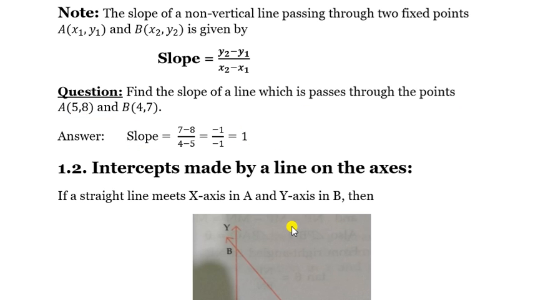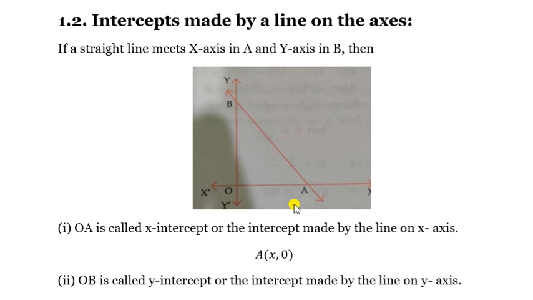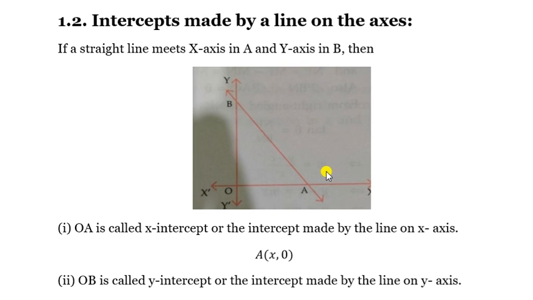Now next, intercept made by a line on the axis. See, this is y-axis and this is x-axis, and this is a simple line, and O is origin, you know, and the coordinate of this origin is (0, 0), you know.